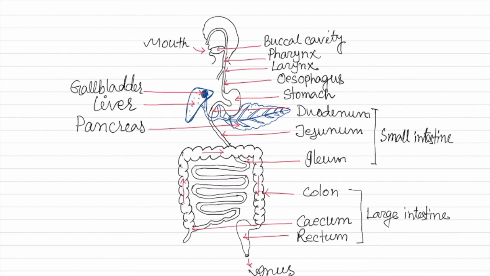So these three are the digestive glands. These three digestive glands are generally known as chemical processes, because all the digestion processes are accomplished with the help of these digestive glands.